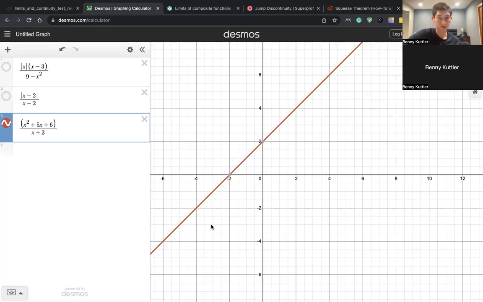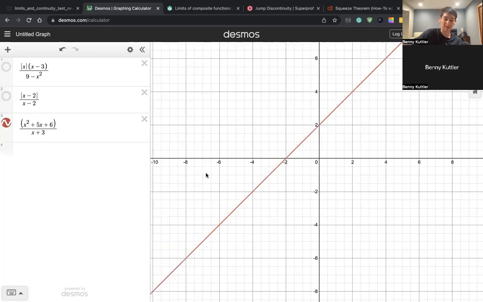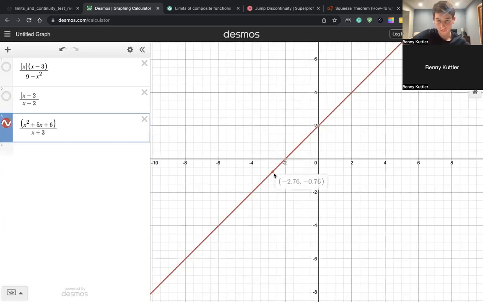But if we look at the limit as x approaches -3, as we get closer, -3 is undefined. So how can we deal with this? It seems to be continuous. So this is what we call a removable discontinuity, or a hole.